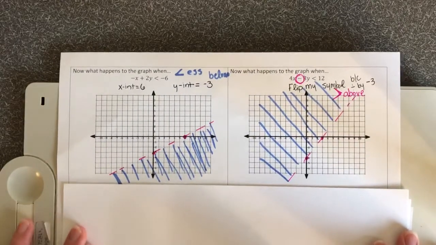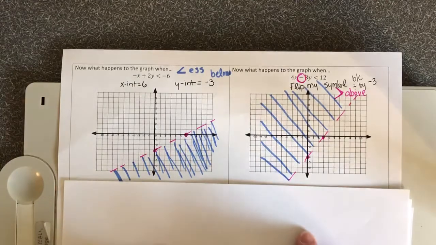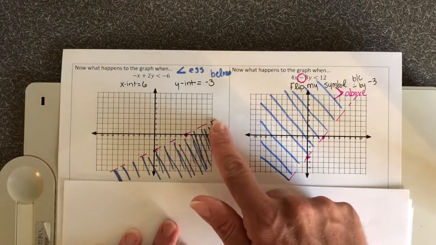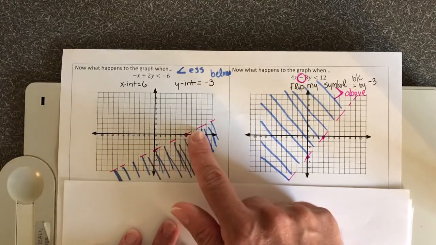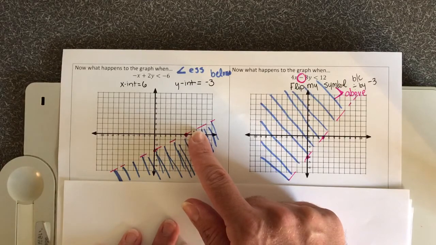So when I throw in a symbol like a less than, and in this situation it is the less than only, my solution is not going to be the line anymore. The reason why is because the line is considered part of the boundary, but it's not a part of the solution.